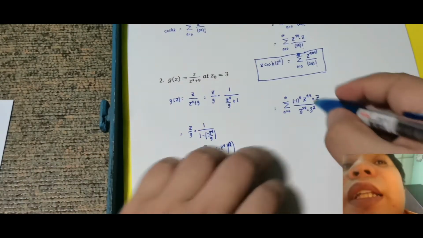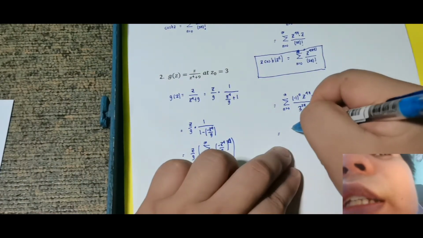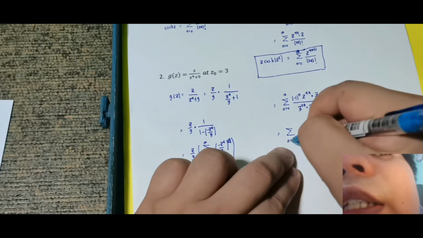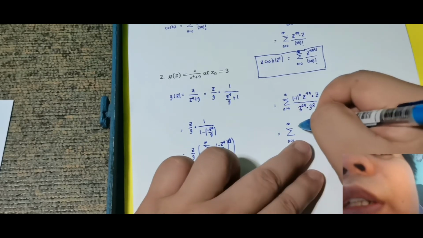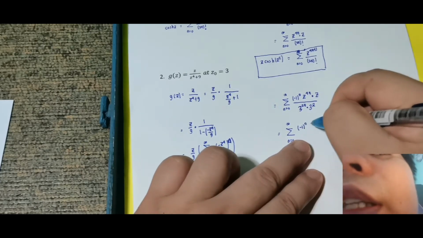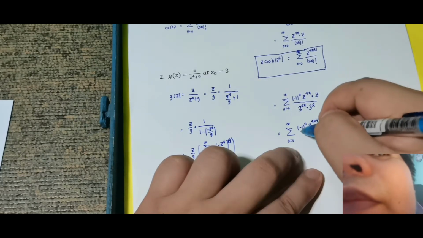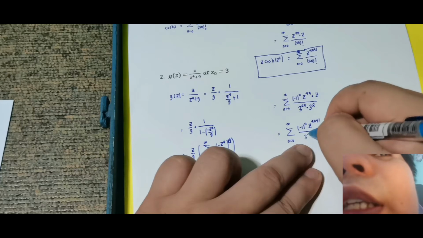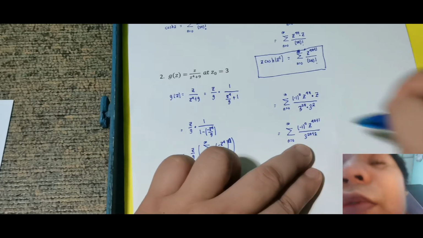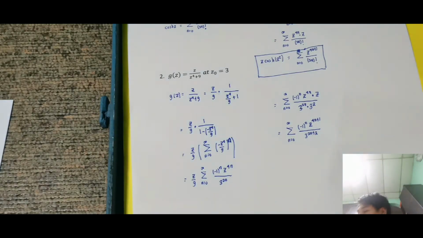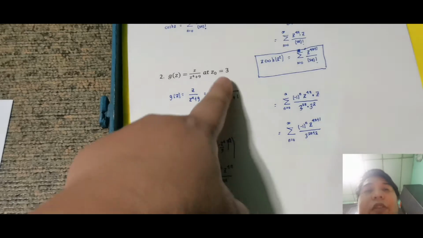Okay, therefore simplify natin konti. This is equal sa summation for n is equal to 0 up to infinity ng negative 1 raised to n ng z raised sa 4n plus 1 all over 3 raised sa 2n plus 2. Okay, ngayon, ang gagawin natin is i-evaluate natin siya sa factor na dapat may lagay natin yung 3.